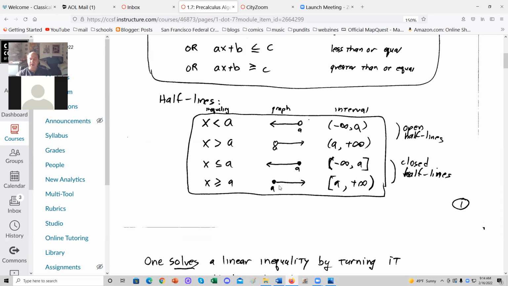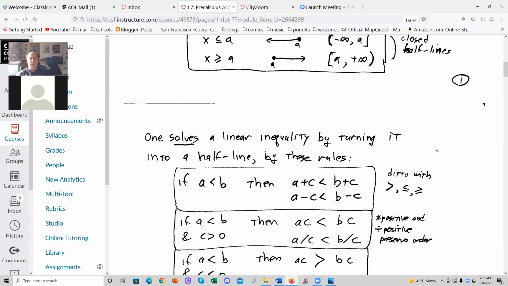Here, x greater than or equal to a is denoted by the interval notation square bracket a to positive infinity round bracket. Square brackets are for when we include the endpoints. We never use a square bracket for plus and minus infinity because we don't include them. It grows towards it but never reaches it. These half lines, which include the endpoints, are called closed half lines.